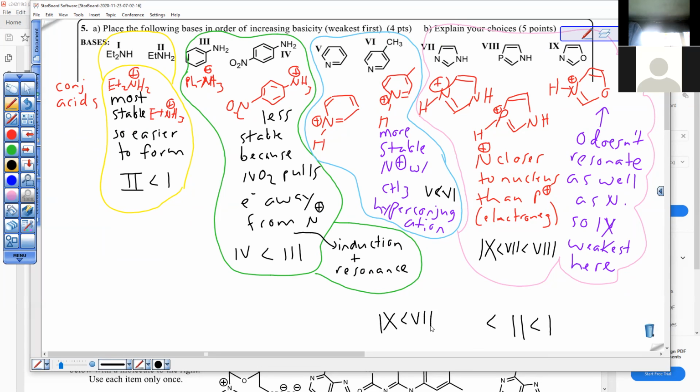We will have to add some comments. And the pyridines right before that, V and VI. And the anilines before that. And that was 4 before 3.